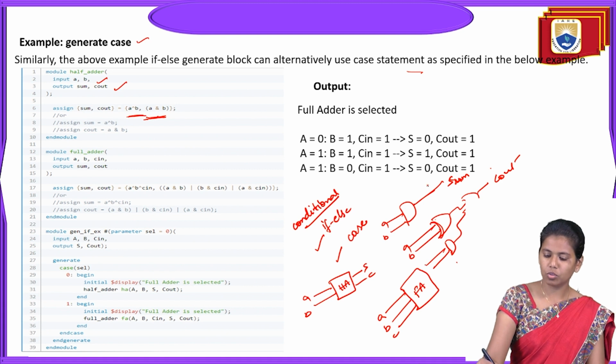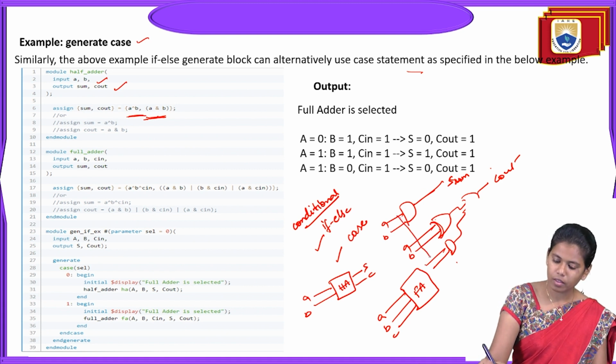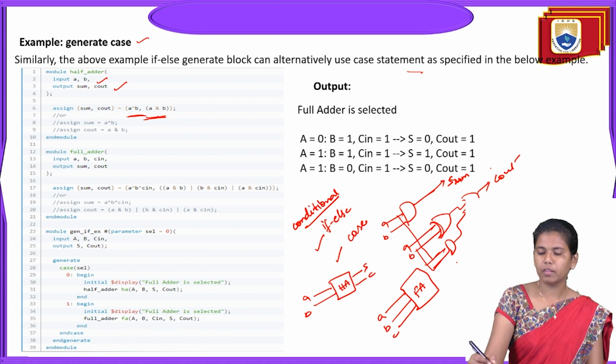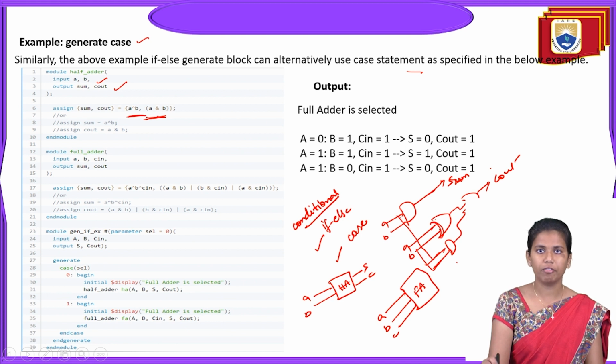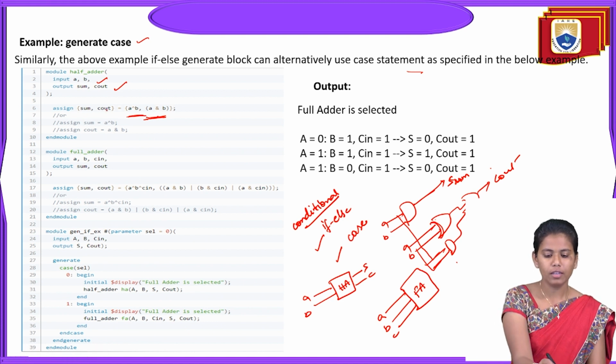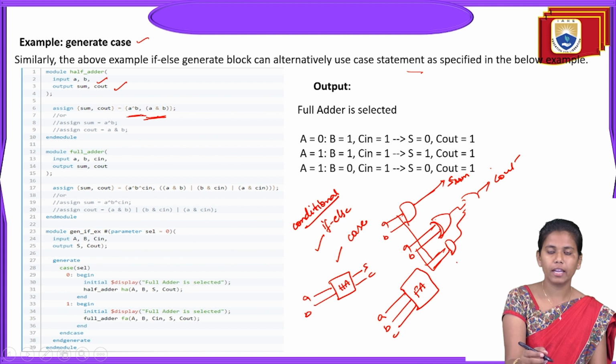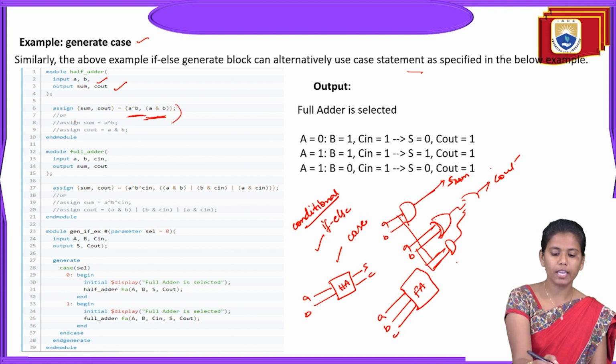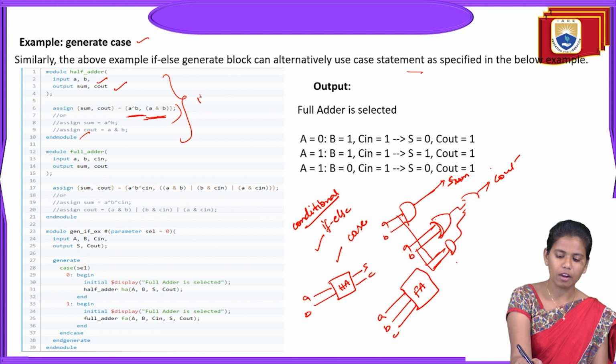This is how the execution takes place. This is the structure of a half adder. Here assign sum and assign count in the port list, initialized separately. Then end module. This is all about the half adder.